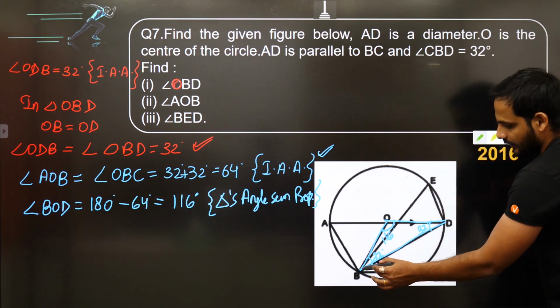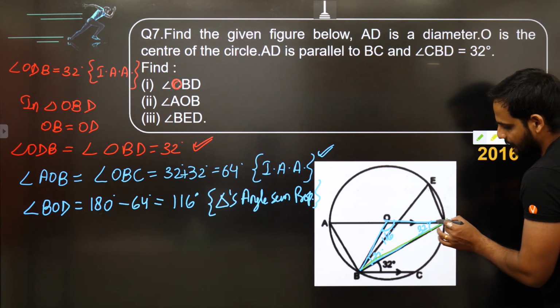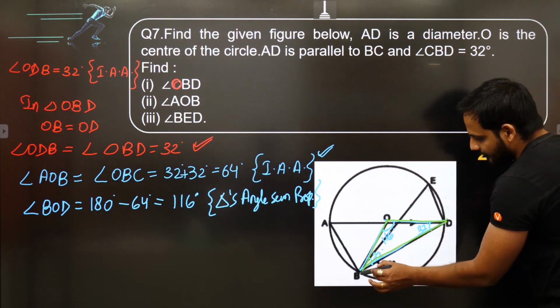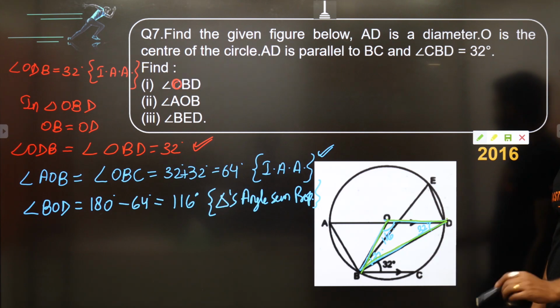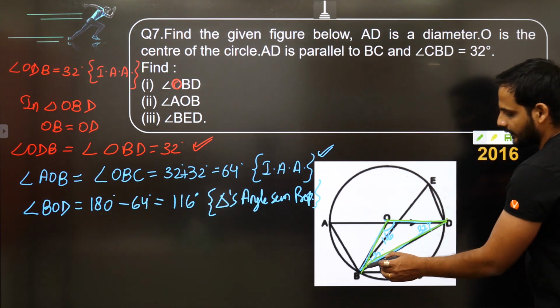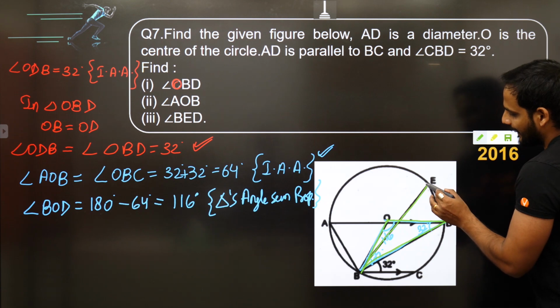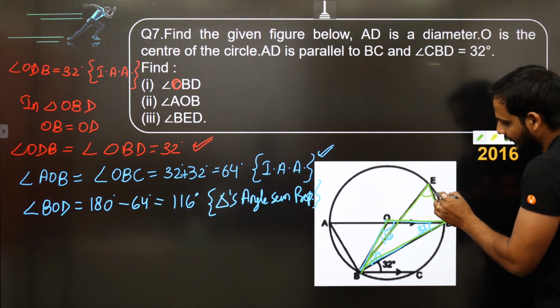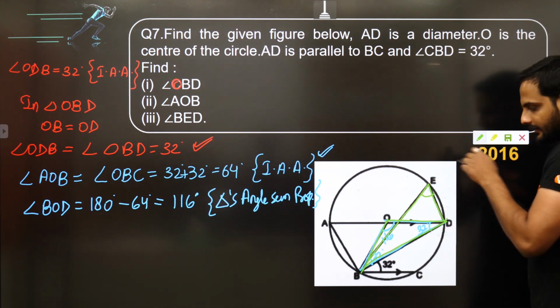BD is a chord which is subtending an angle of 116 degrees at the center. So I can say it will subtend an angle of half of it at the circumference.